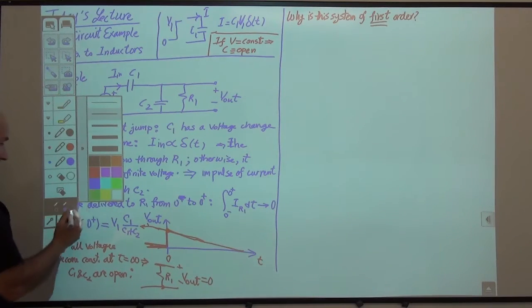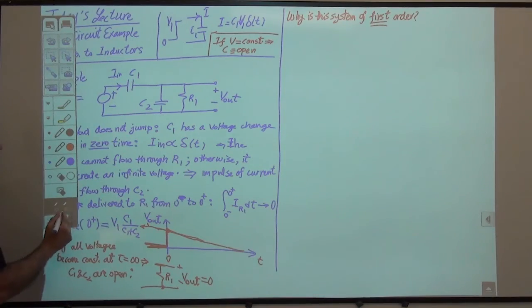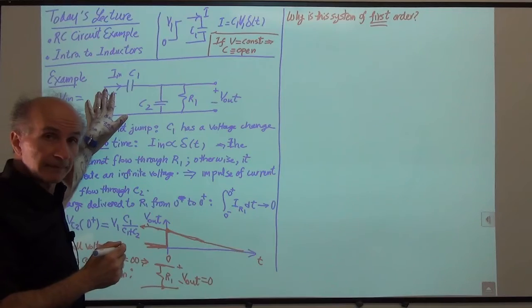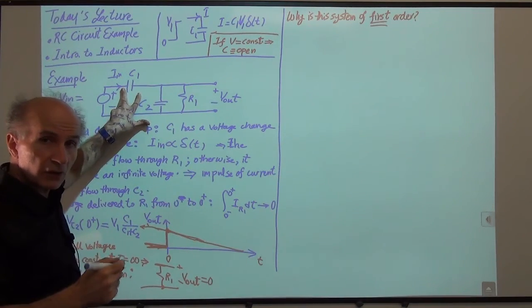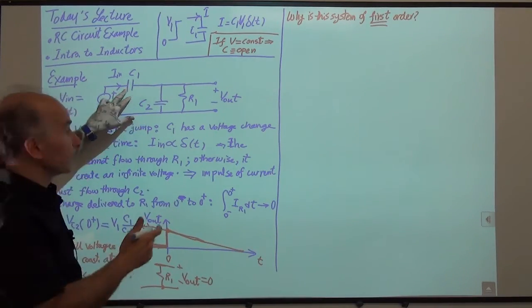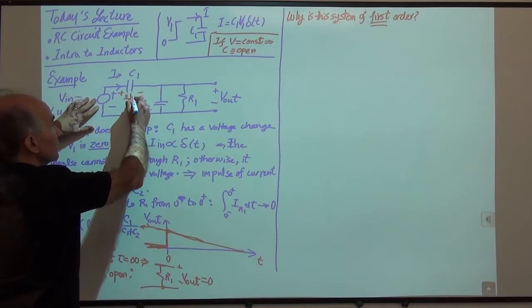Okay, so suppose before I apply this step, when this is 0, I come along and say I would like to have an initial condition of 2 volts across C1. So I say this is 2 volts.